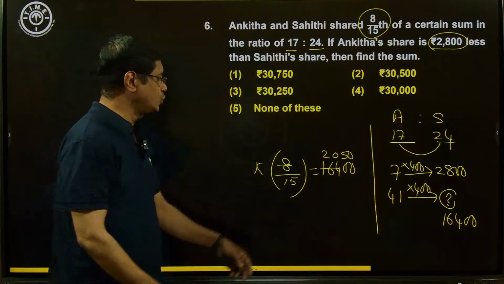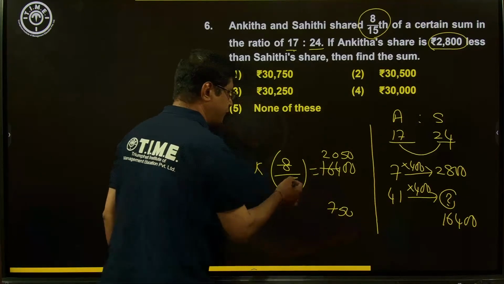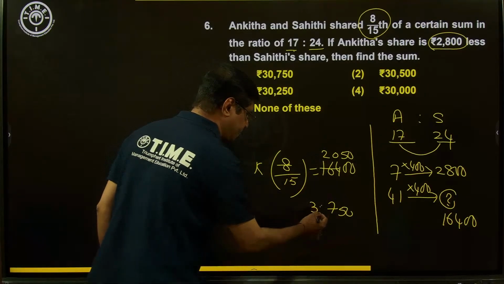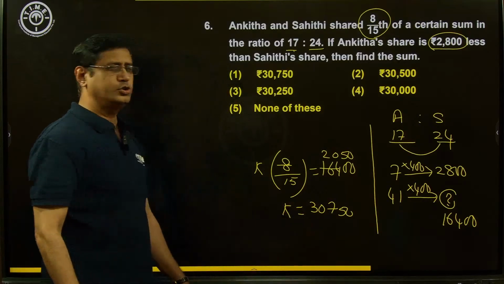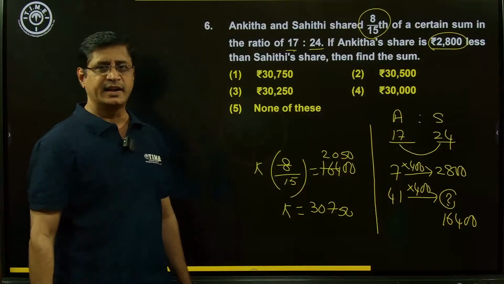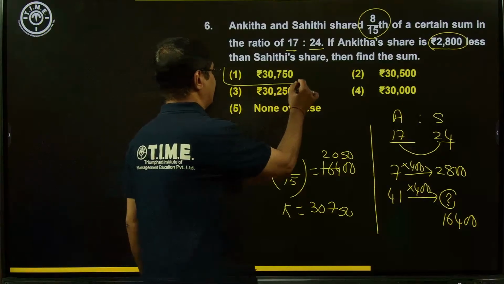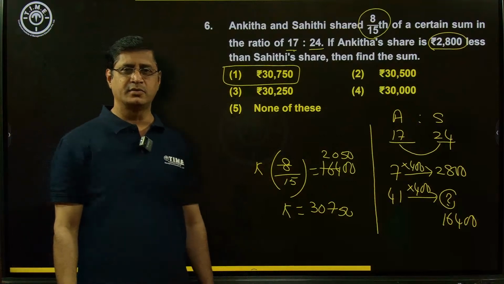Now 15 into 50, that is 750. 15 into 2, that is 30. What is the value of K? K is equal to 30,750. Right answer, choice 1. Option 1 is the correct answer for this example.